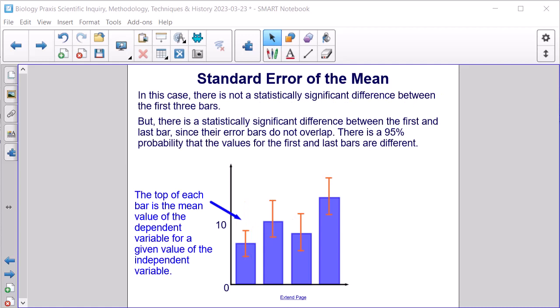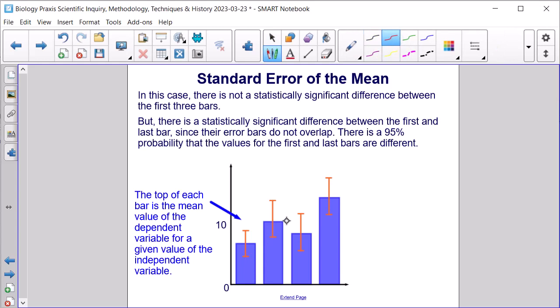In this case, there's not a statistically significant difference between the first 3 bars. But there is a statistically significant difference between the first and last bar, since their error bars do not overlap. There's a 95% probability that the values for the first and last bars are different.